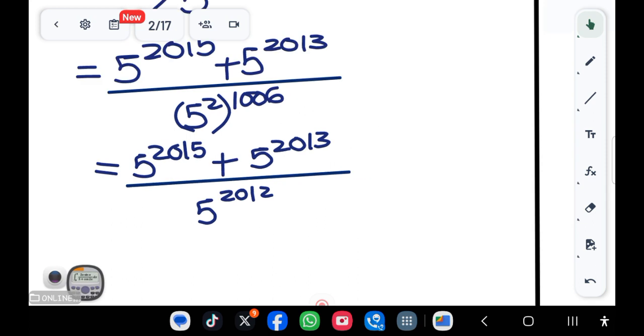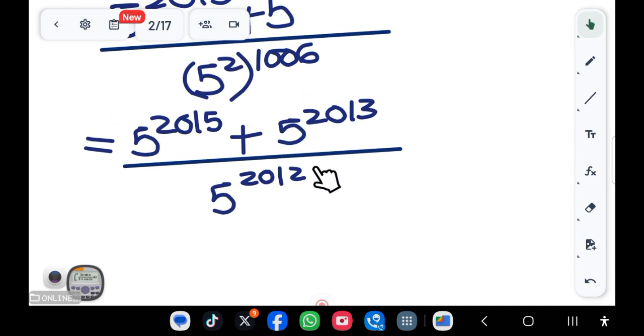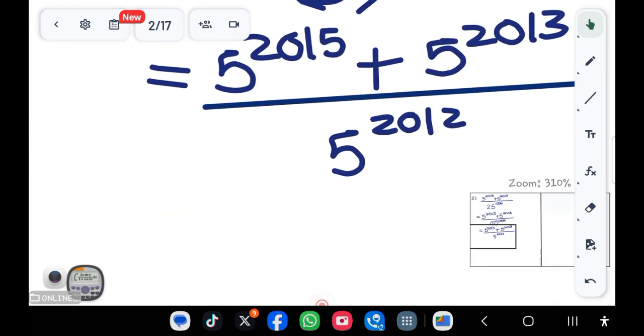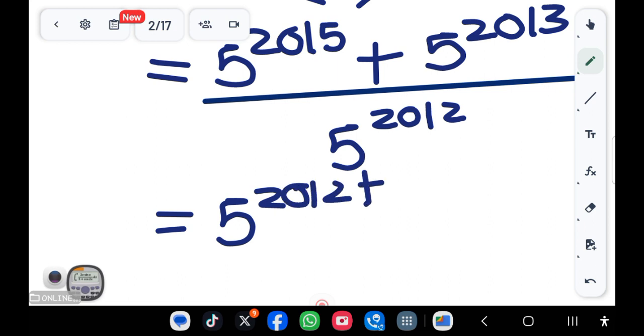Now notice, now you can factorize this. All of them have a common factor, and the common factor is 5 to the power of 2012. Why? Because you break it up, 5 to the power of 2015 can be written as 5 to the power of 2012 plus 3.